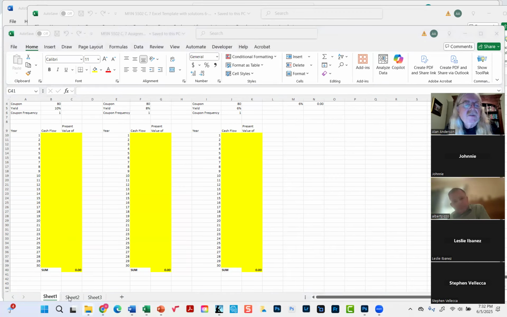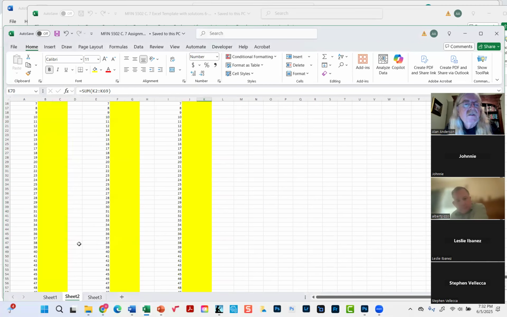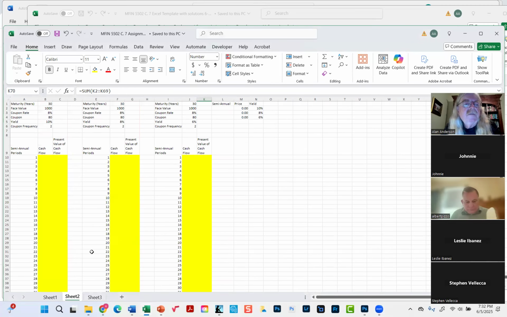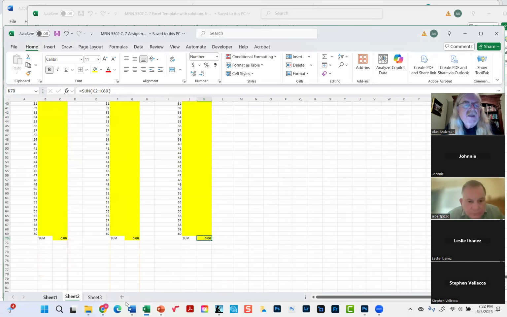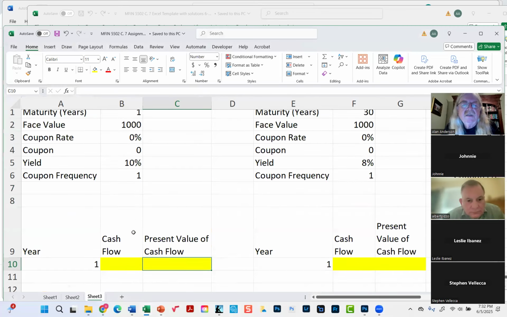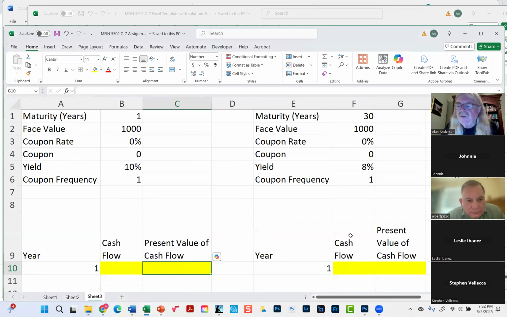On sheet 2, it's been changed so that these are now semi-annual bonds. And in sheet 3, you've got a couple of zero coupon bonds. So this is exactly what we're doing tonight. You should have absolutely no trouble with these whatsoever. Just follow along with what we were doing tonight and you'll be all set.